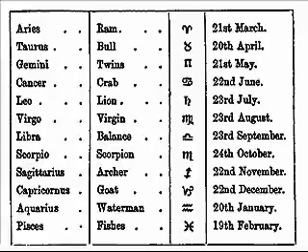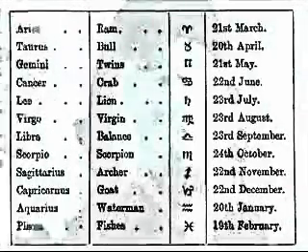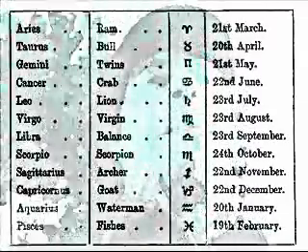Let's first go through the signs. Aries, then Taurus, Gemini, Cancer, Leo, Virgo, Libra, Scorpio, Sagittarius, Capricorn, Aquarius, and Pisces.